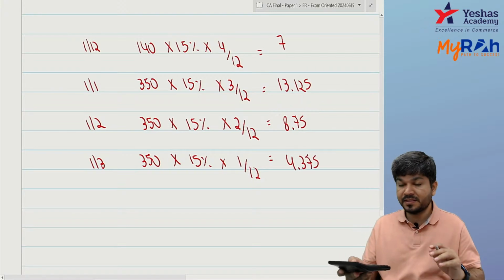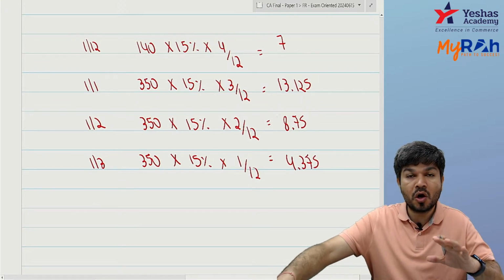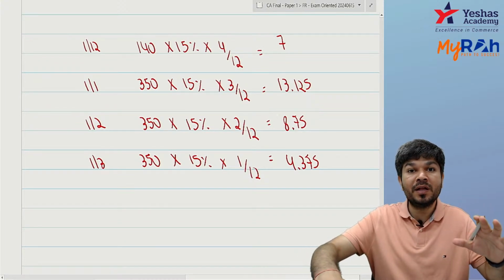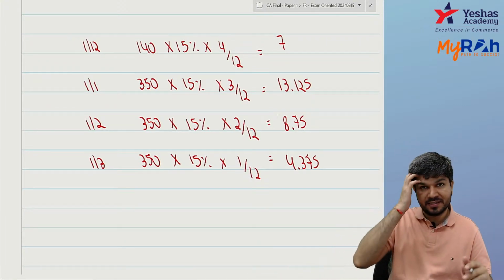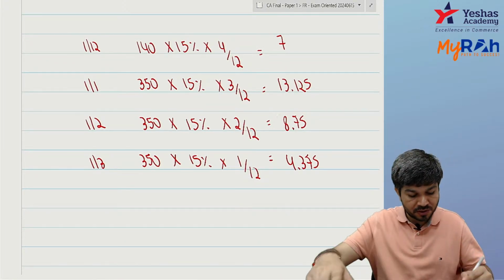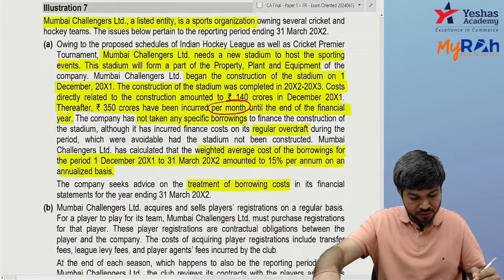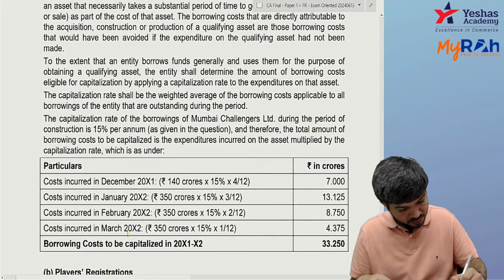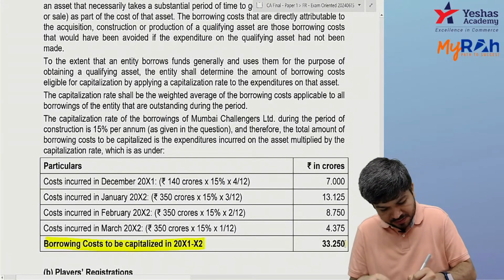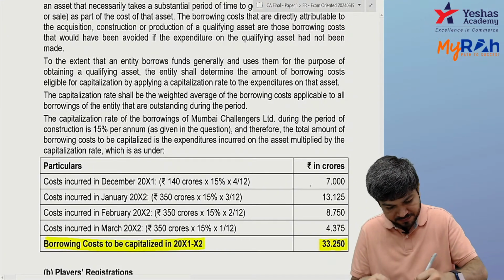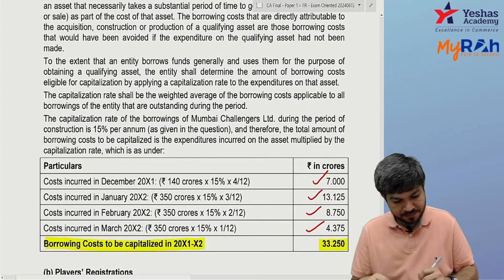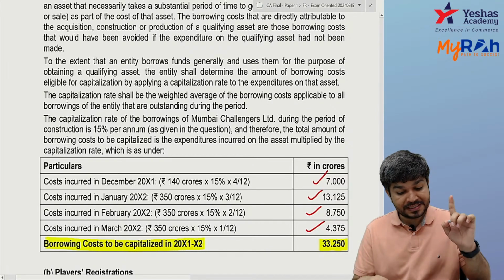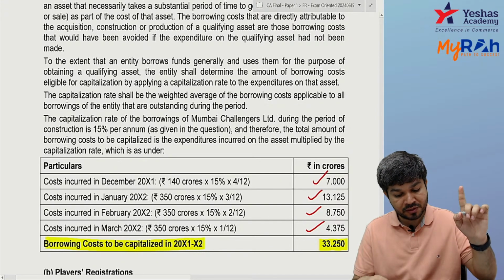This can be capitalized, subject to the condition that it should not exceed the actual borrowing cost incurred. So check the solution. The borrowing cost to be capitalized is 33.25. Same thing, but it should not exceed the actual borrowing cost.